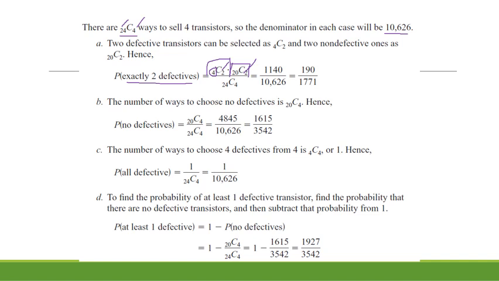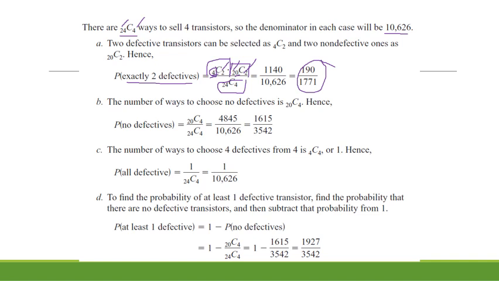Why 2? Because 4 minus 2, we are selling 4, and 2 are defective. And why 20? Because 24 minus 4 is 20, since 24 is the total number of transistors and 4 are defective, so 20 are not defective. The problem says exactly 2 defectives. So over the total number of ways to sell, this is the answer.